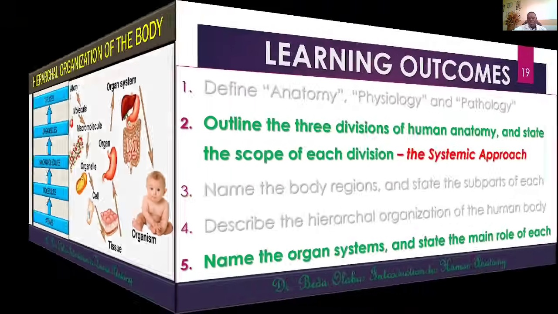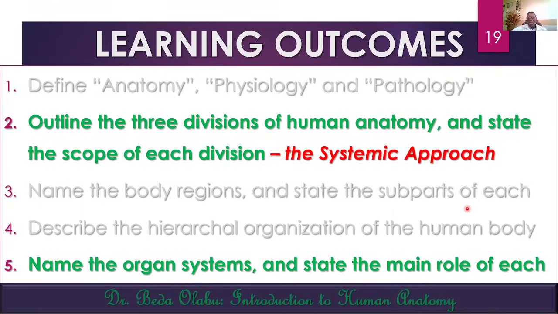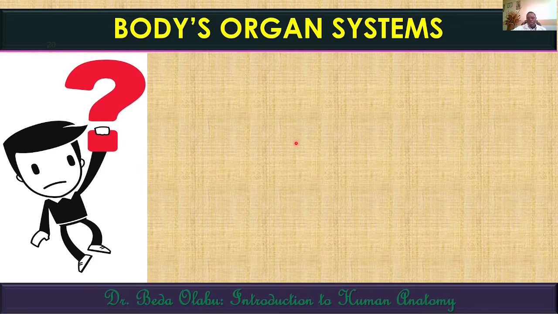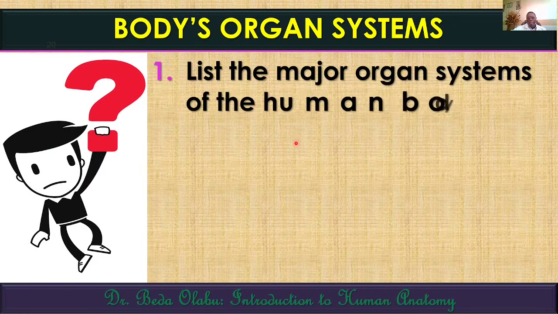Having said so, I want us to now talk about the different organ systems which are in the body in an attempt to explain to you what we do when we study gross anatomy from a systemic approach. So this is your question.